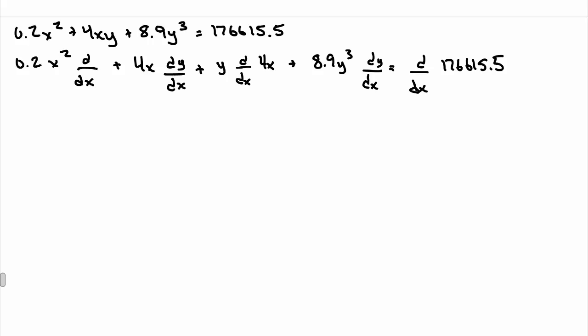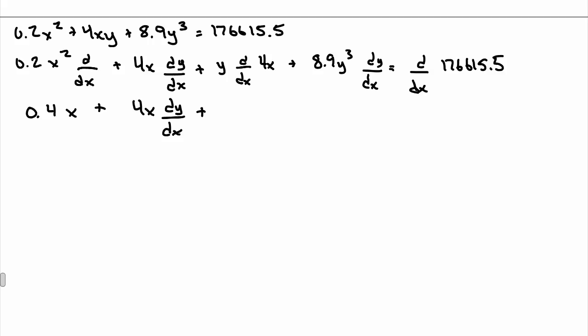All right. So now 0.2x² with respect to x, that would be 0.4x plus 4x dy/dx. Well, that would just be 4x dy/dx because we don't have a y associated with this first term right here.